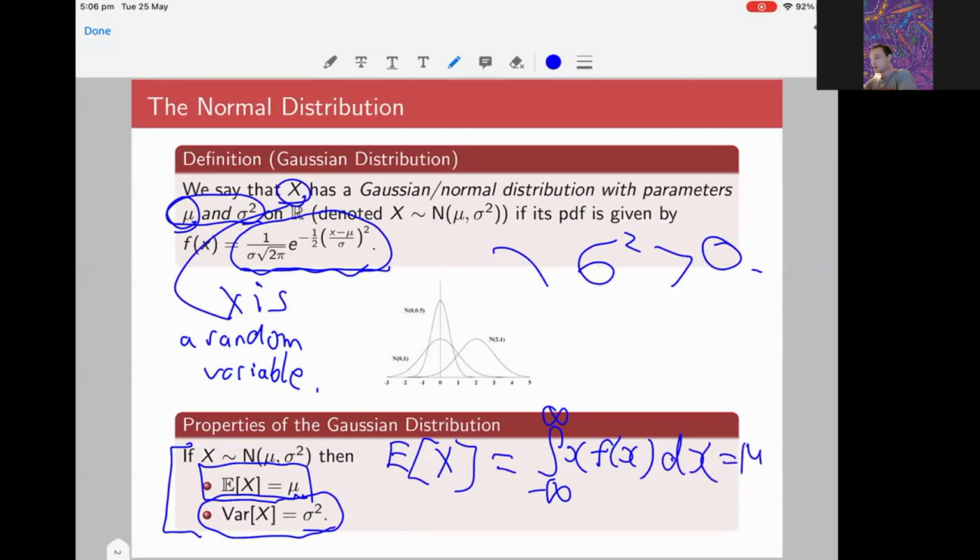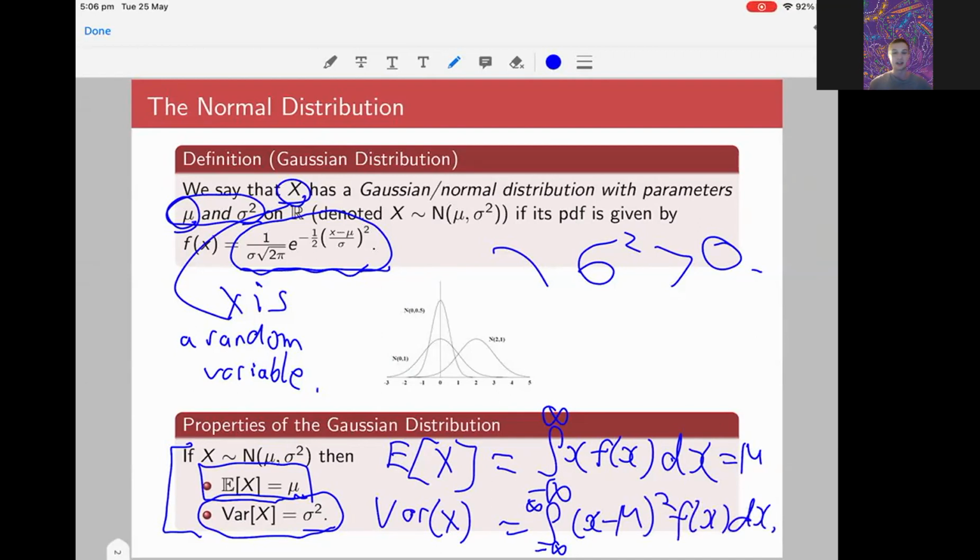If we call this mu, then the variance of x is defined to be the integral of x shifted by mu, squared, times the probability density function f of x dx. This is how we defined the expected value and the variance. And it turns out that for the normal distribution, the two parameters mu and sigma squared, which you have to specify in order to uniquely determine your random variable, are such that mu is the expected value and the variance is sigma squared.